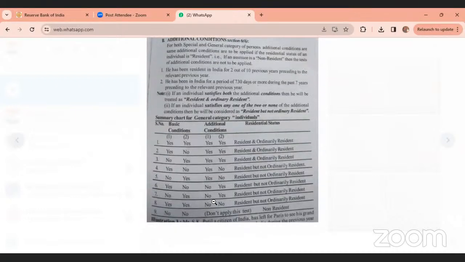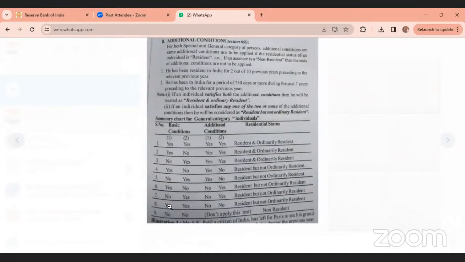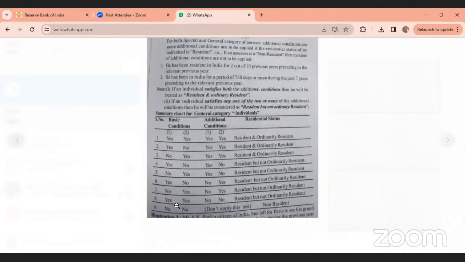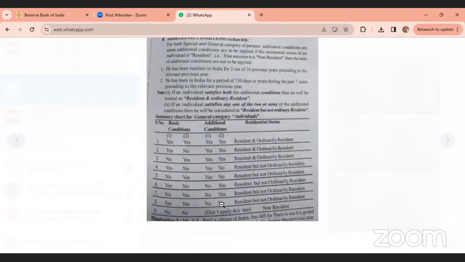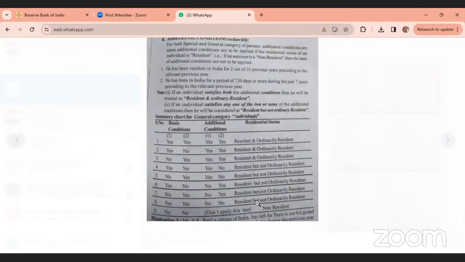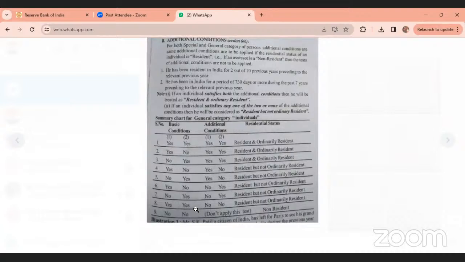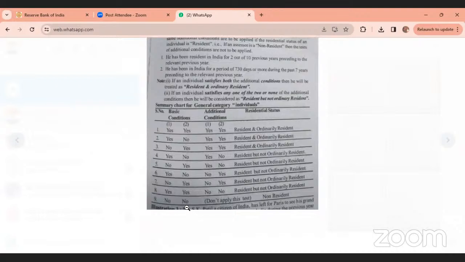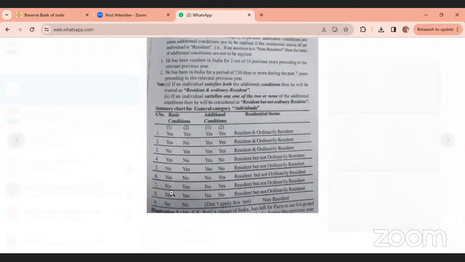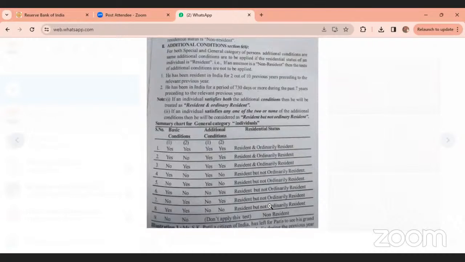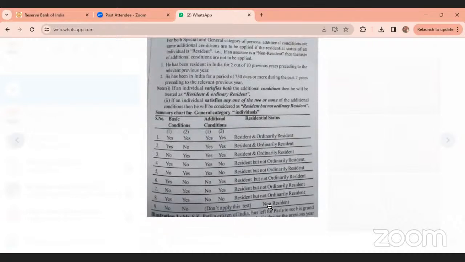Now, seventh point also same like that only. Next, in eighth also, he satisfied both the basic conditions but not the additional conditions. In that case also, he is called resident but not ordinary resident. And last, ninth point, he did not satisfy both the basic conditions. If the basic conditions are not satisfied, in that case only, he is called non-resident.